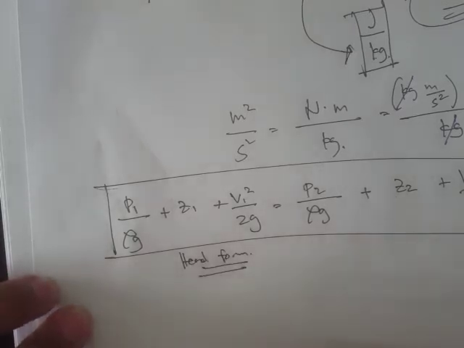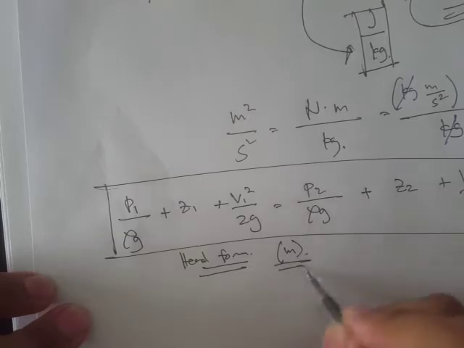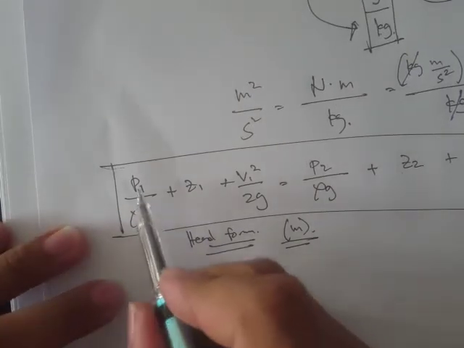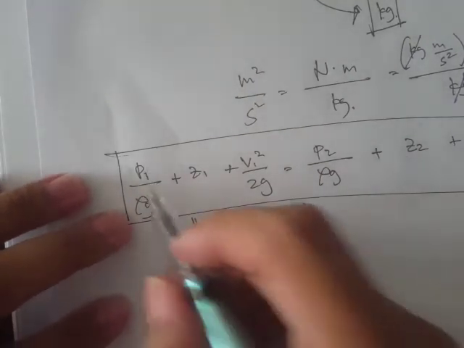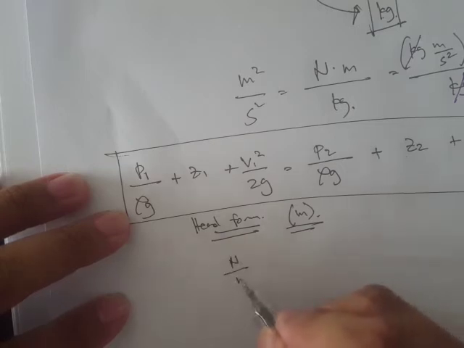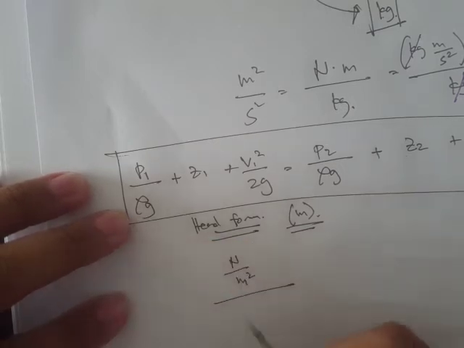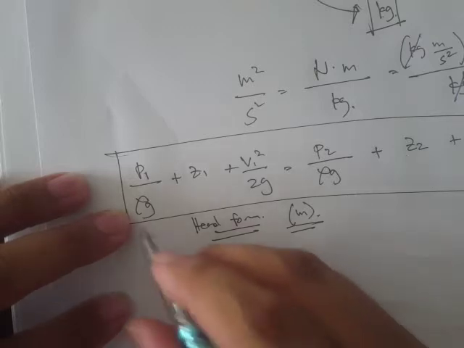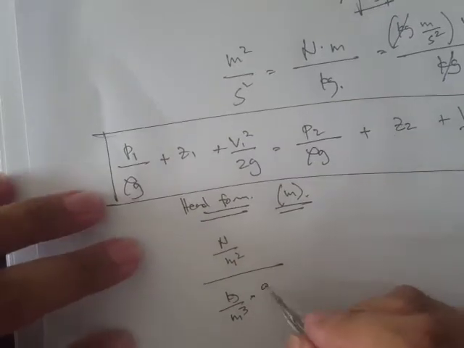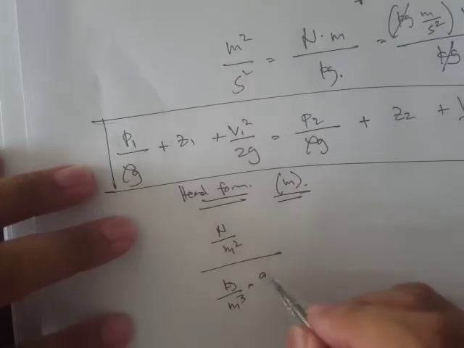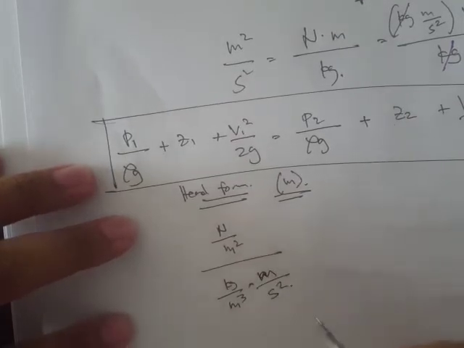When I say head form, the unit is in meters. How is that possible? Let's check the units. The pressure is Newton per meter squared, and we divide this by kilogram per meter cubed times g, which is meters per second squared.